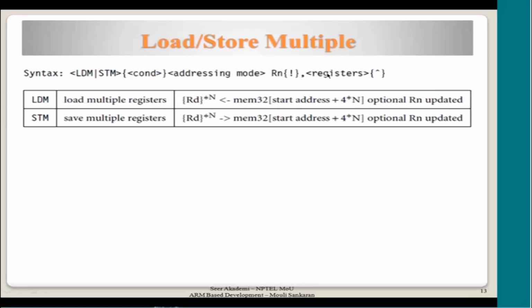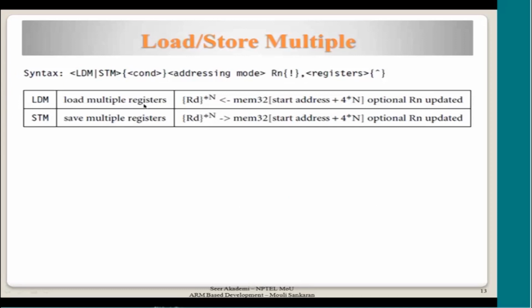Okay, a set of registers is given. I will give an example, then you will understand. When you are storing or loading multiple registers, you have to give what registers you are trying to save, whether R0, R1, R2, R3, or which register. You may pick any register and put it in the list. Whatever is accessible in that mode should be able to perform the job.